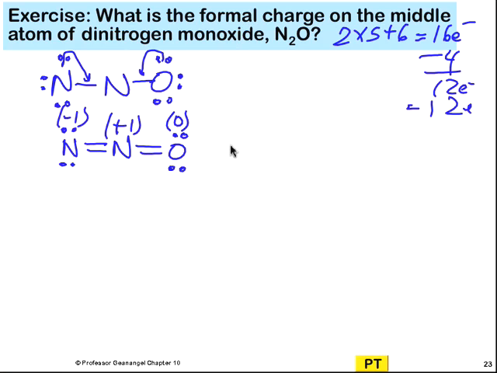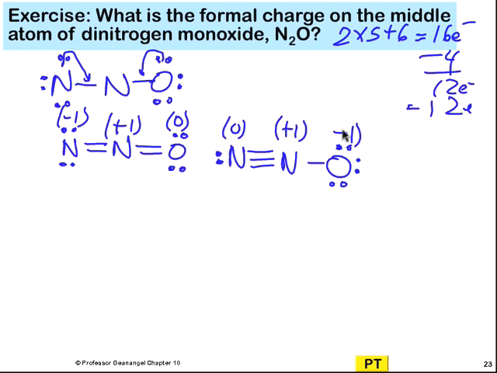We can put in this resonance form. This is a 16-electron resonance form. The center nitrogen has +1 here. This oxygen's 3 bonded, so it's 0. This oxygen has just 1 bond, so it's -1. So both of these have a +1 formal charge on the central atom.